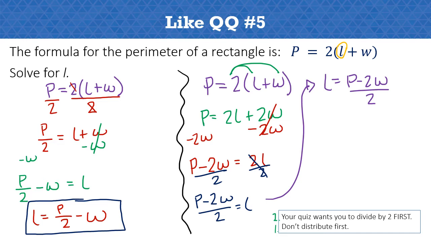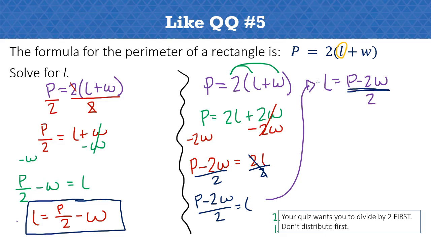If we take a look at our answers, over here we have L equals P divided by 2 minus W, and up here we have L is equal to P minus 2W all divided by 2. They look a little bit different. But anytime we have a fraction bar that goes over the whole thing, that means that each of the terms in our numerator has that fraction underneath it.